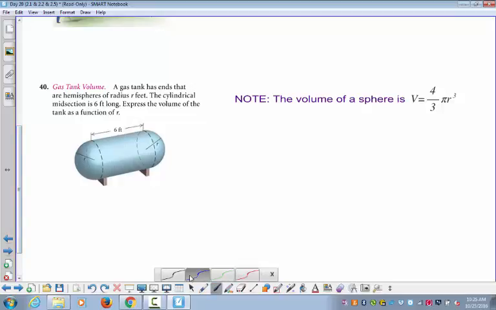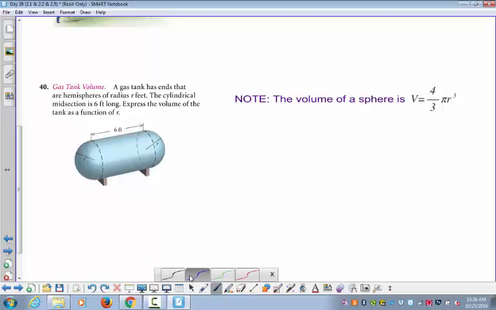So if you think about splitting it into 3 regions, you've got 2 hemispheres and you've got 1 cylinder. You could take the 2 hemispheres and glue them together as a sphere. So you're basically trying to find the volume of a sphere plus the volume of a cylinder. And as you get into calculus, those are 2 shapes that you will see all the way through calculus. Spheres and cylinders are everywhere.